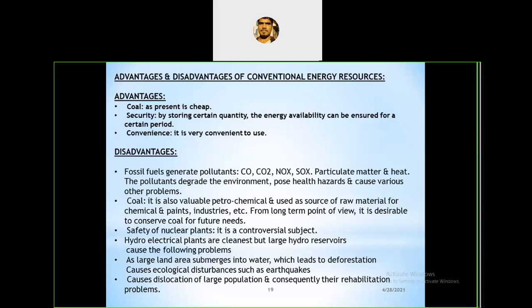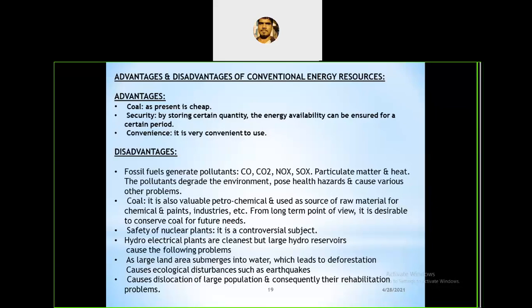Apart from being energy sources, these may be raw material for some of the chemical industries and paint industries, but in the future they will not be available because of continuous usage. Another drawback is safety. The safety of nuclear power plants is a concern, because the rays generated by the plant are highly hazardous for human beings as well as animals.